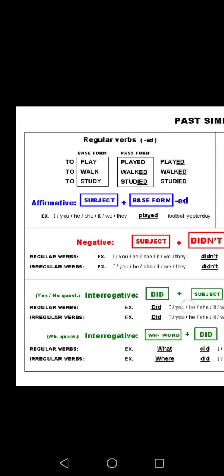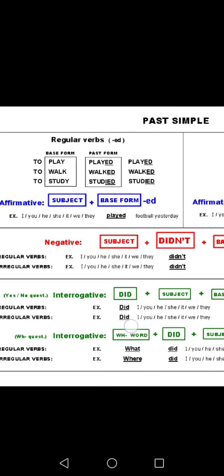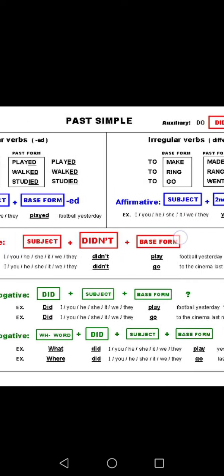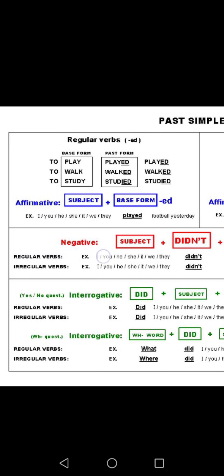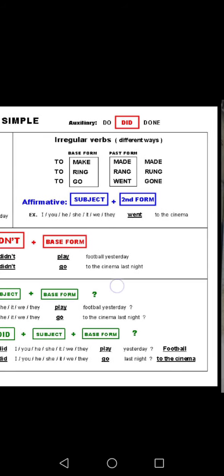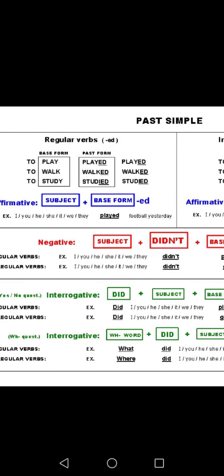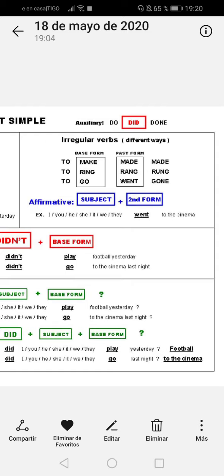The difference between a yes/no question and a WH question is that a yes/no question is simply answered yes or no. Yes I did, no I didn't. In contrast, a WH question always has an answer where information is requested. In English we say information questions. So we ask for information and we answer with certain information.